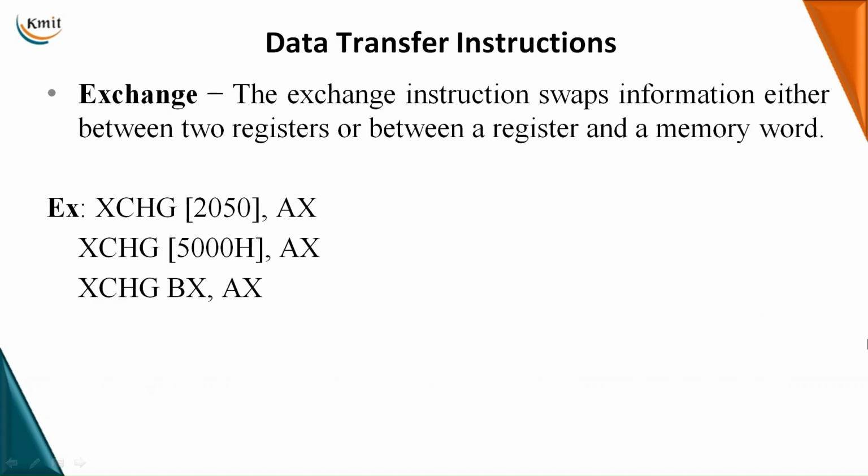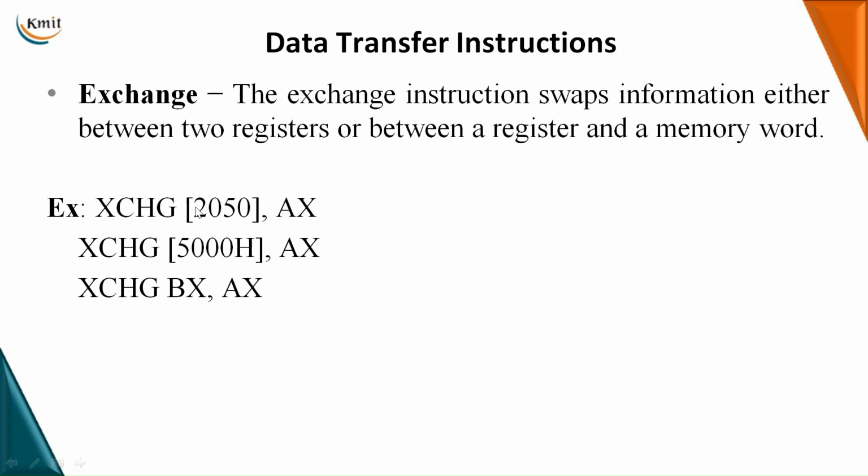Next, coming to exchange. Exchange is also one of the types of data transfer instruction, where information can be exchanged. The exchange instruction swaps the information either between two registers or between a register and a memory location. Exchange is represented as XCH or XCHG.